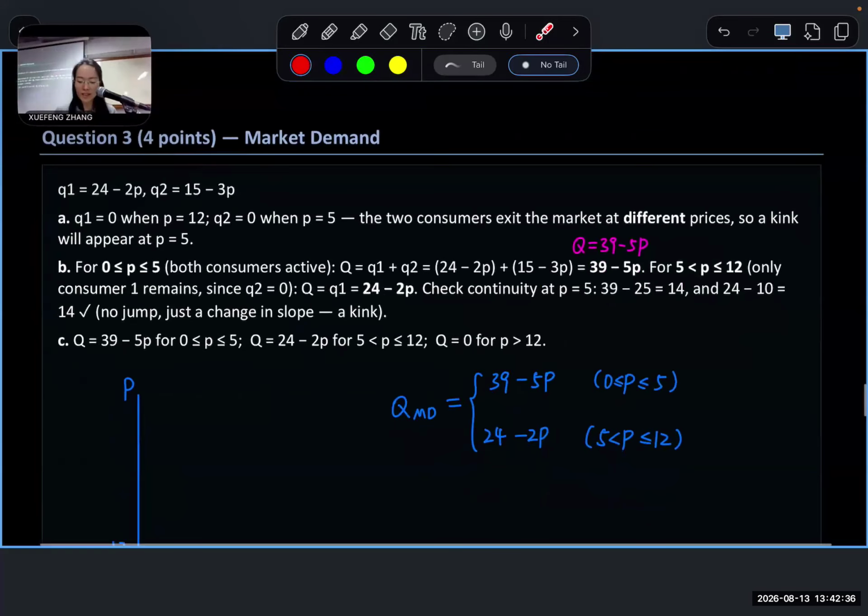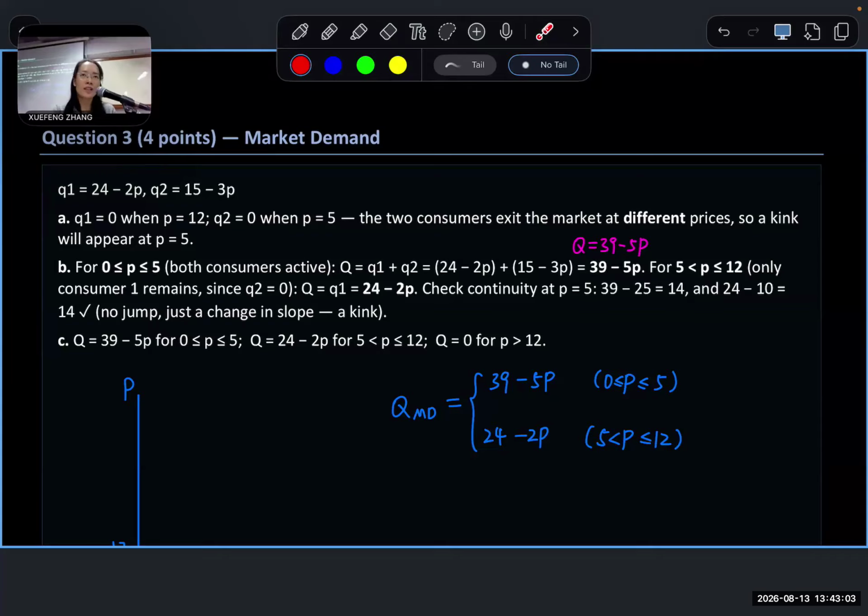Okay, so let's see. Do you understand the question? For question 3, let's see. So there are two consumers, right? Q1 and Q2. So this is about market demand. The first question, at what price does each consumer's quantity demanded fall to 0?